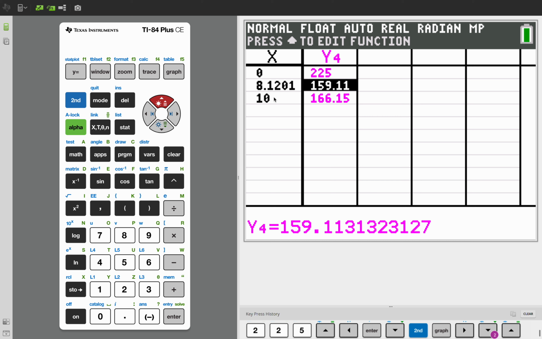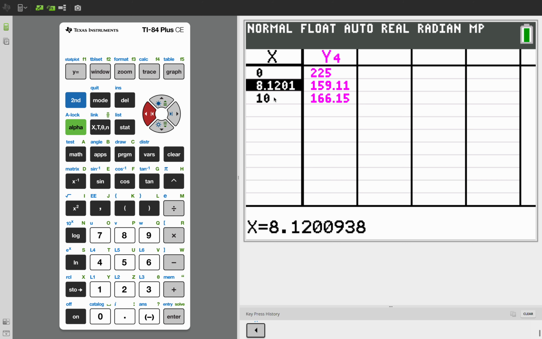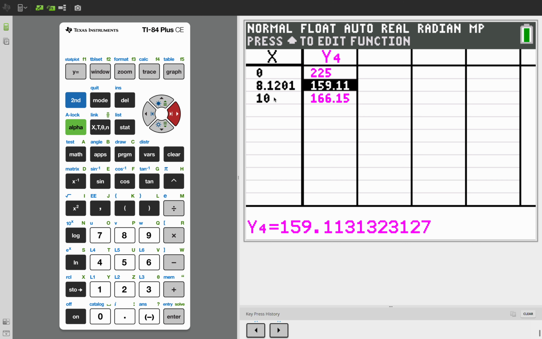So our answer here, whenever it says the number of gallons of gasoline in the tank in absolute minimum, that's going to be at time 8.1200938, and that's going to have 159.11 gallons.